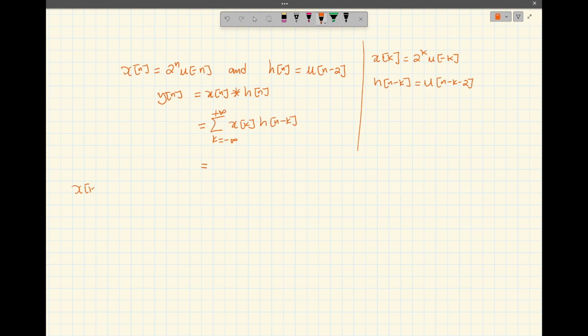So when I substitute those in this summation formula, we have 2 to the power k u of negative k, and the h is u of n minus k minus 2.